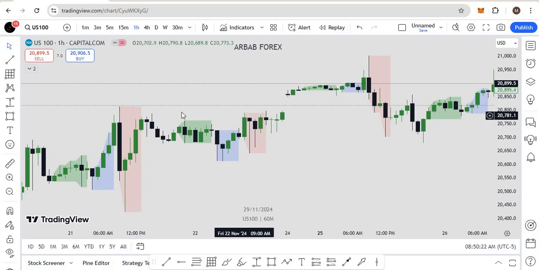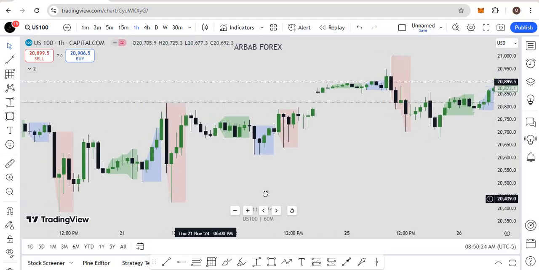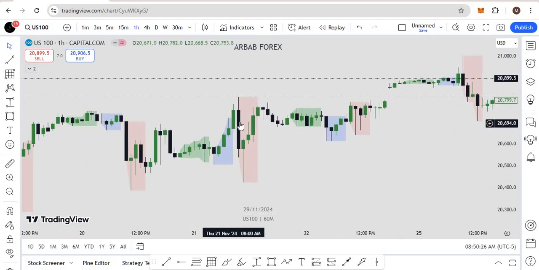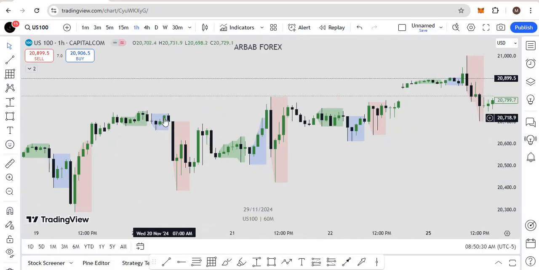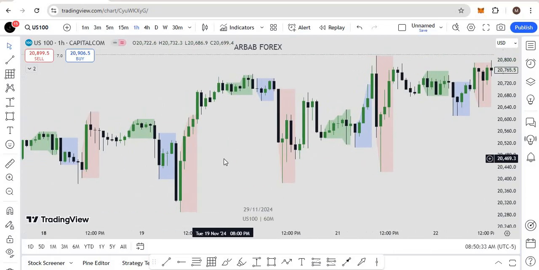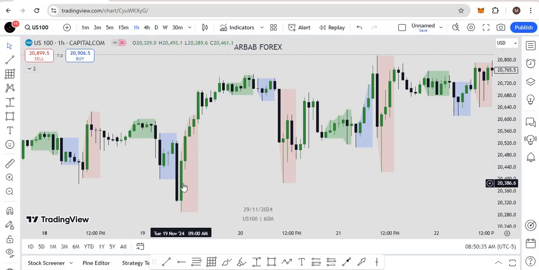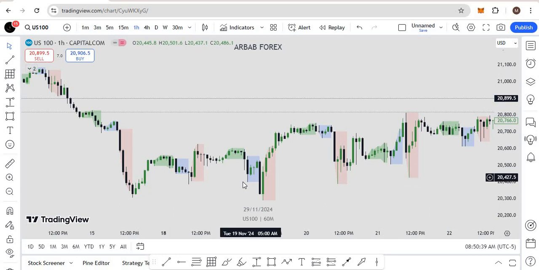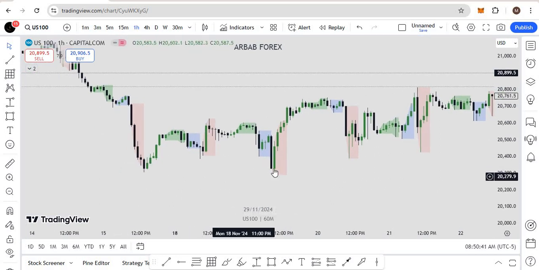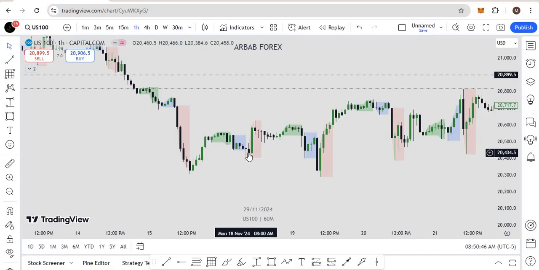Here, upside. 8, 9, beautiful setup. 7, 8, no setup. 8, 9, beautiful setup with multiple confluences. See the liquidity sweep here and then to the upside. 8, 9, no setup. Maybe, but I think it hit the stop loss, because you see the sweep here and this did not reach.